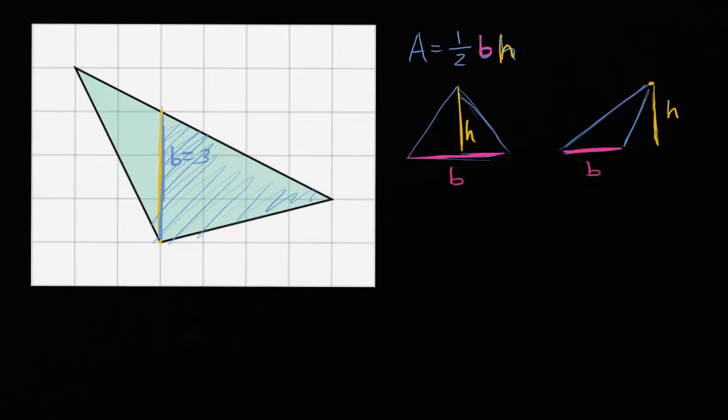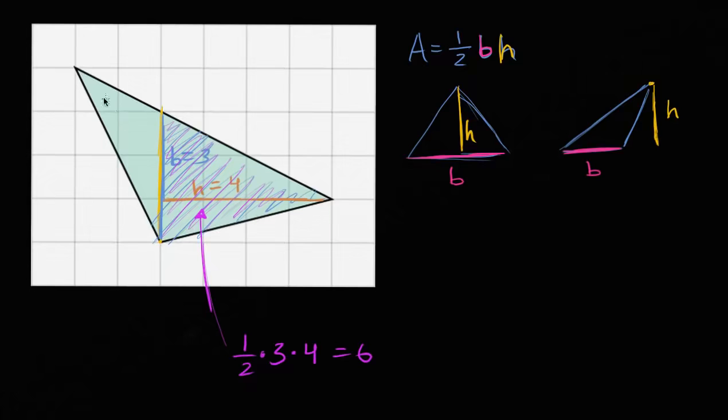Well, the height here is going to be this distance right over here, which is 4. Height is equal to 4. So the area of that triangle right over there is going to be 1/2 times 3 times 4, which is equal to 6. So this part right over here, the area is 6.